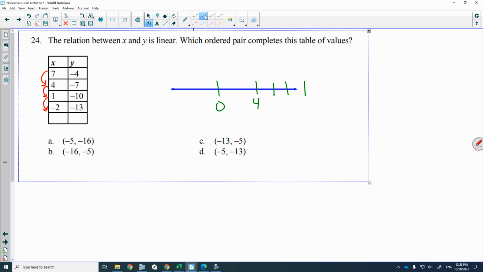If you are at 7 and you need to get to 4, what are you doing? You're going down by 3, which is subtracting 3. 4 to get to 1, you are subtracting 3. 4 minus 3 is 1. 1 minus 3 is -2. So -2 minus 3 will give you your x value.